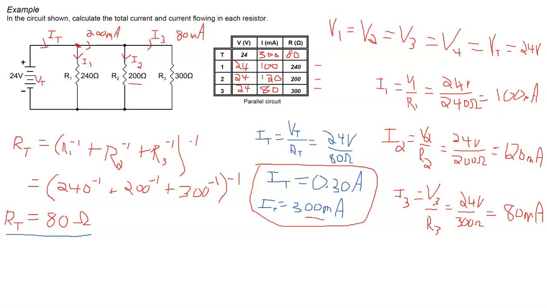80 milliamps. Now, and so we got I1, I2, and I3. And so let's verify that KCL holds true here.